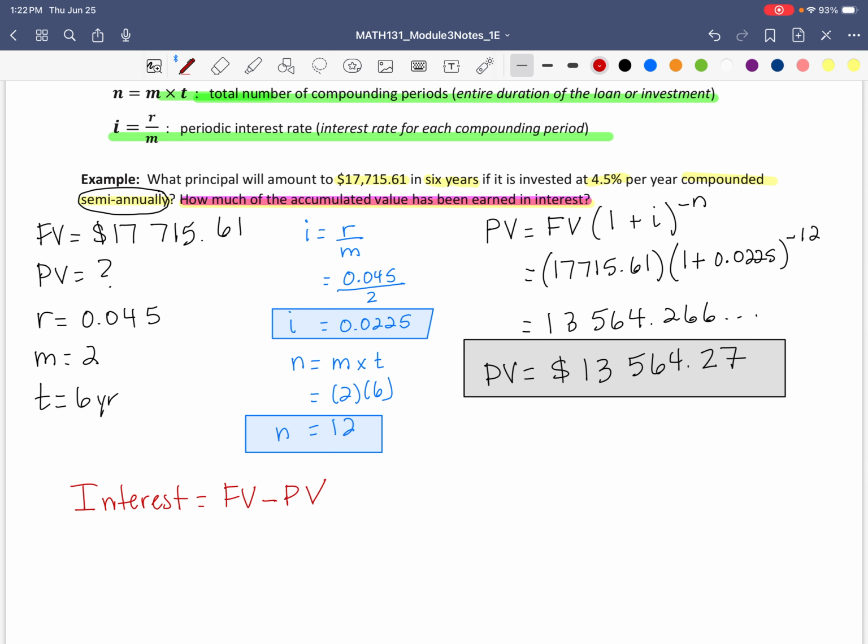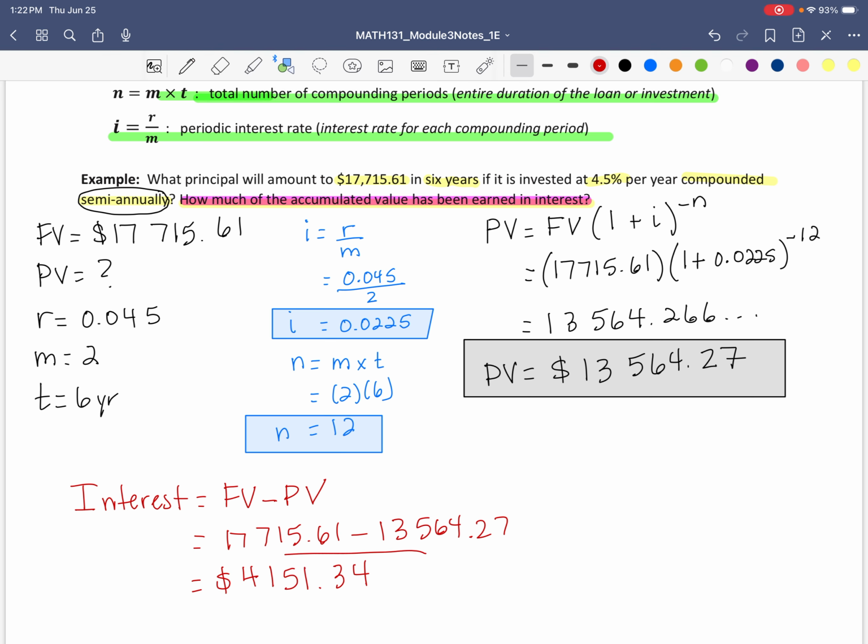So the difference between the two. If our future value was 17,715.61, and our present value was 13,564.27, the difference between those two is strictly interest, which is an answer of $4,151.34.